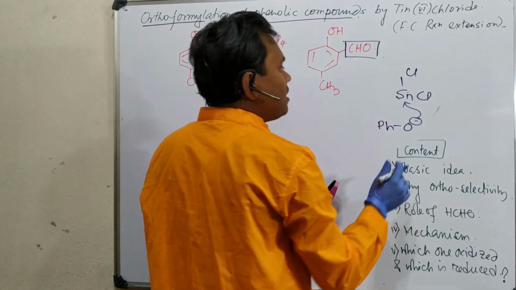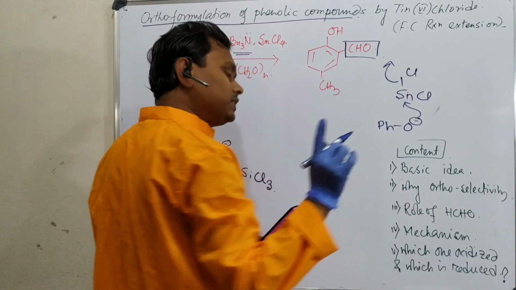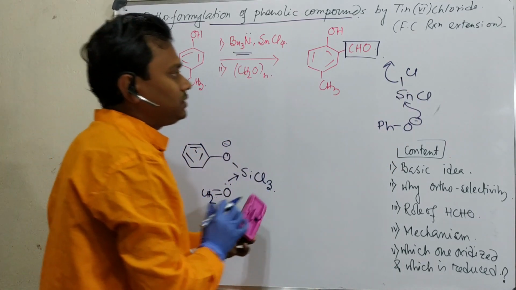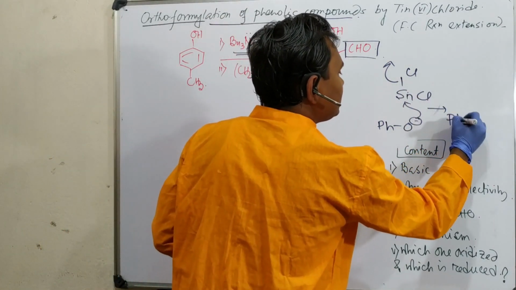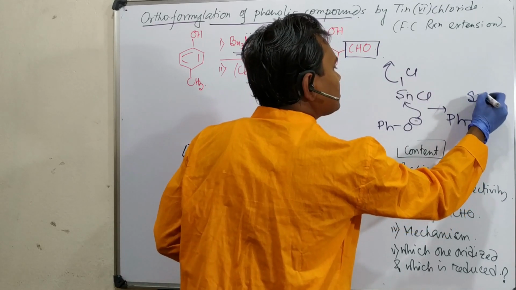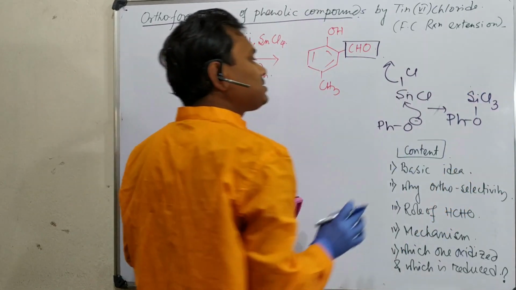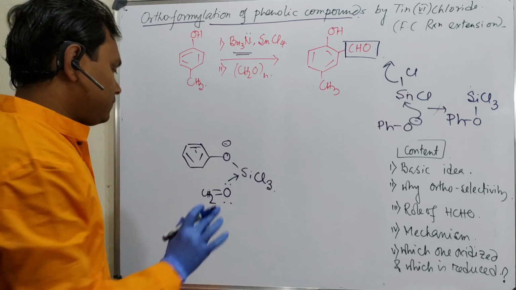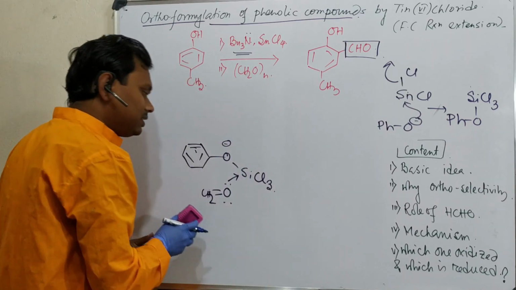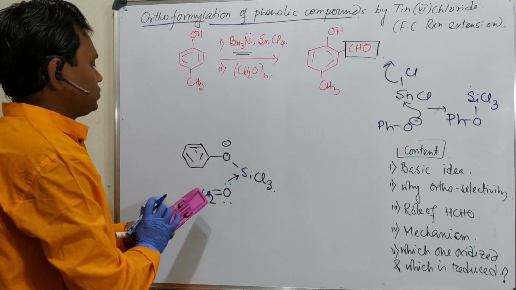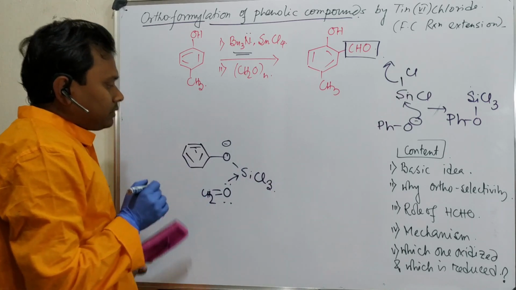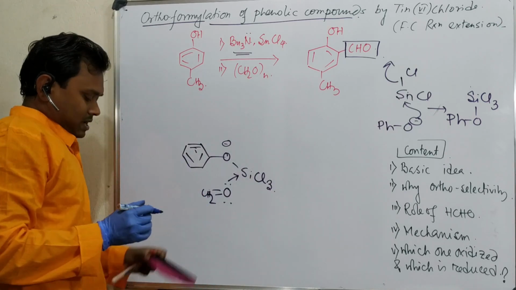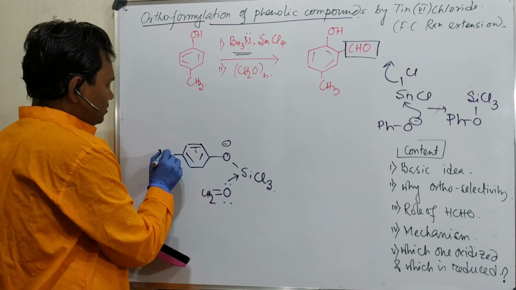It will attack, and in the early stage a chloride will leave, and ultimately result in PhOSnCl3. Charge is balanced, coordination also balanced. I forgot to mention that, so it should be SnCl3. Please correct yourself.